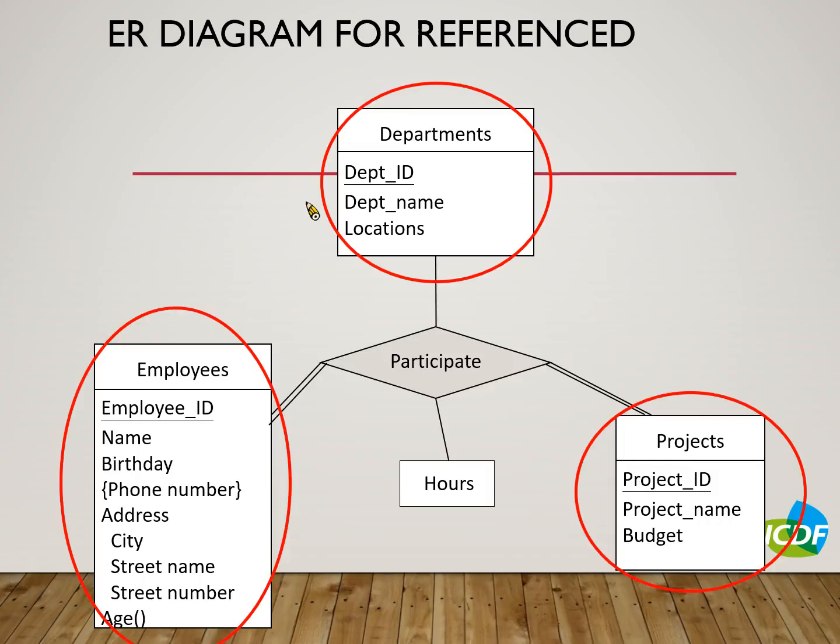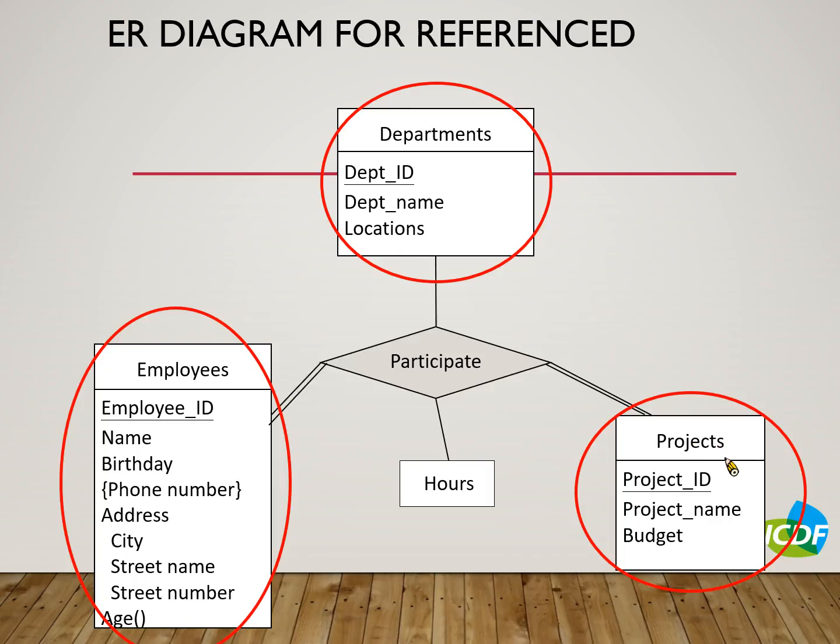Okay, now let's discuss the results of the ER diagram conversion. Here, we also follow the guidelines mentioned earlier. First, we have to find the rectangles because they denote entity sets. In these diagrams, there are three entity sets: departments, employees, and projects.